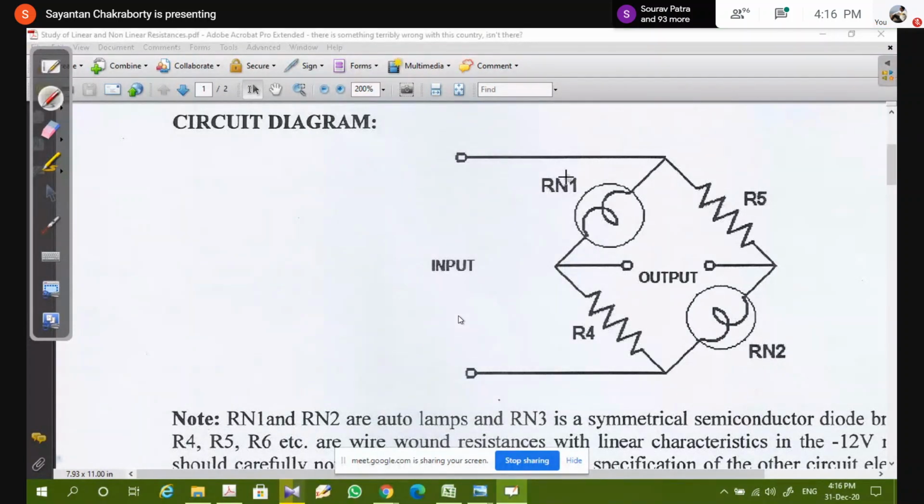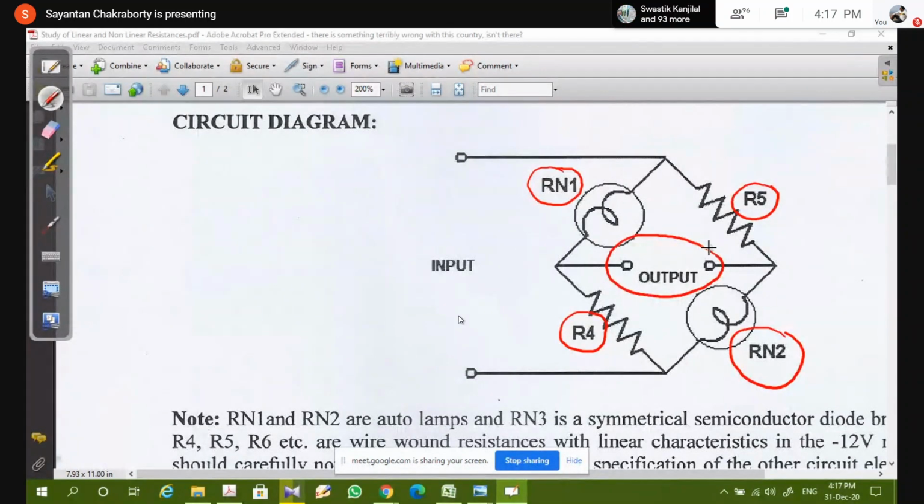Here you can see this is a nonlinear resistance Rn1, and opposite to that is another nonlinear one, Rn2. R4 and R5 we assume to have a constant value, and that remains constant throughout the range of operation. Now, we'll apply an input voltage over here, and we'll measure the output voltage.